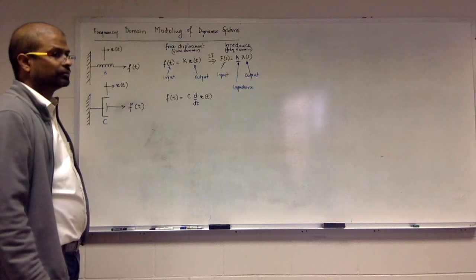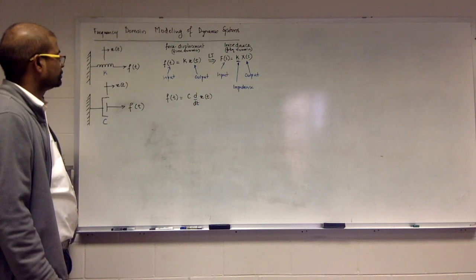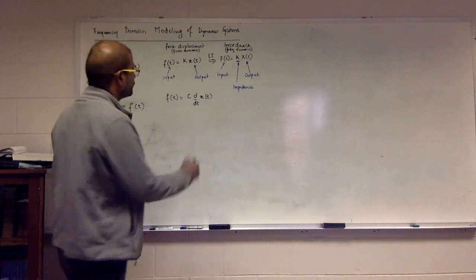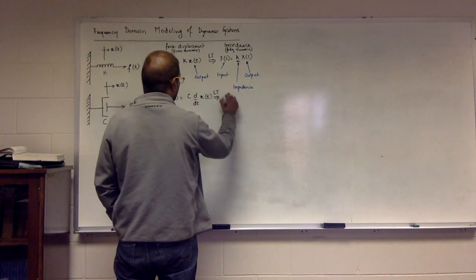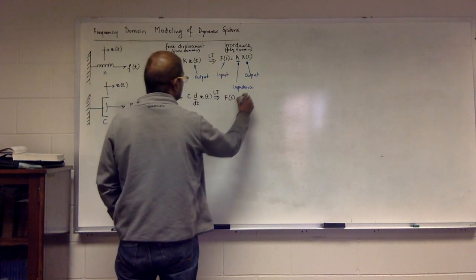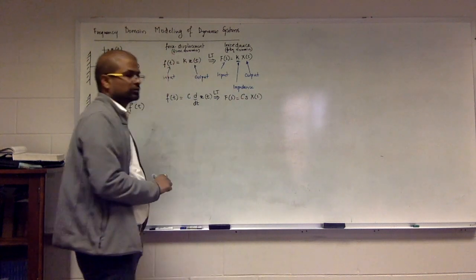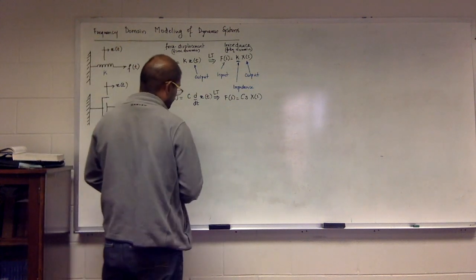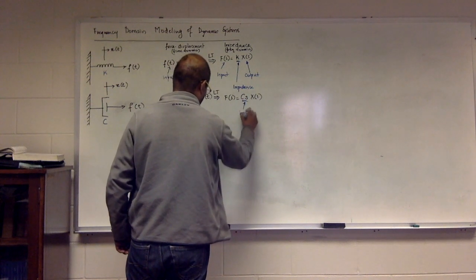This is the time domain, and this is the frequency domain. If you take the Laplace of this, you're going to get F of s is equal to c s X of s. Again, here c s is the impedance.